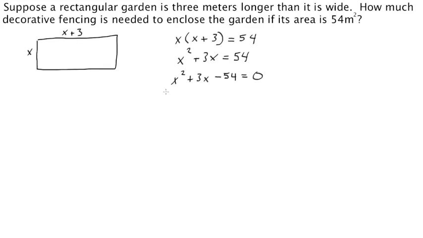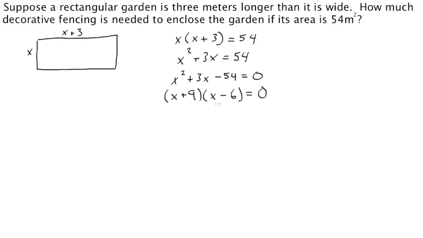9 and 6 seem to fit the bill. So let's write x something 9. We'll deal with the signs in just a second. And x something 6. So remember, we want the bigger number to have the same sign as what we see right here. So we're going to want x plus 9 and x minus 6.